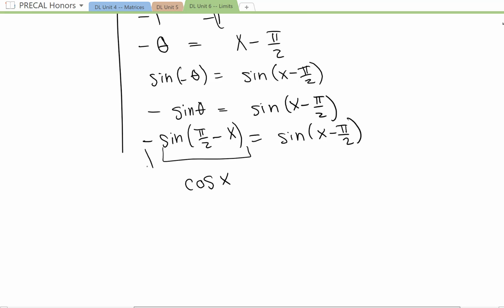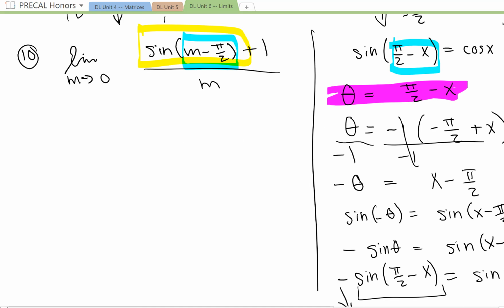Drop the negative. So if we're taking sine of x minus pi halves, we get negative cosine x. Sine of m minus pi halves is equal to negative cosine of m. Okay? That's what we just proved to the right.